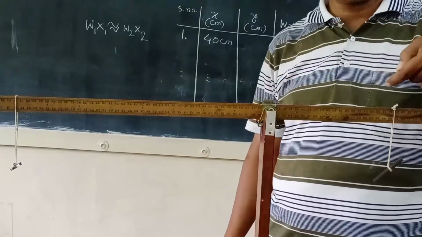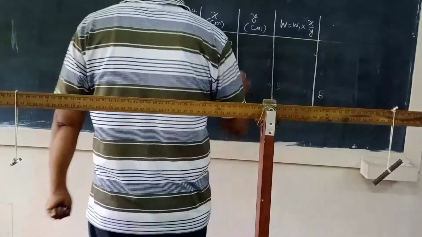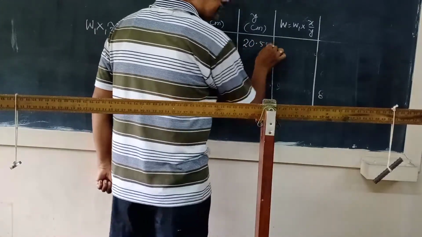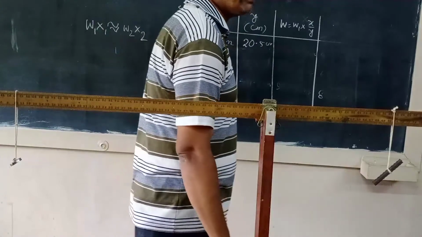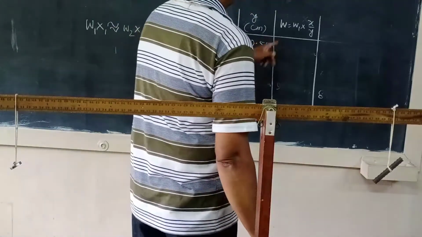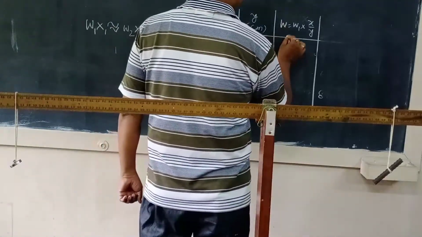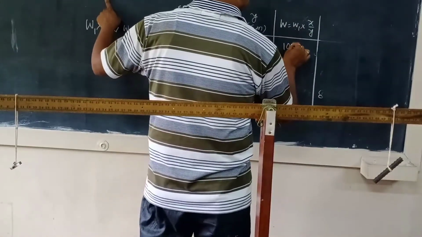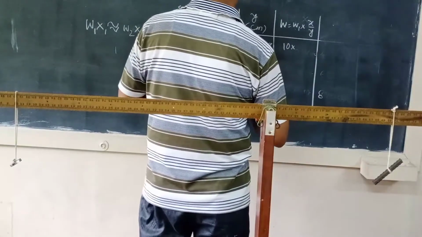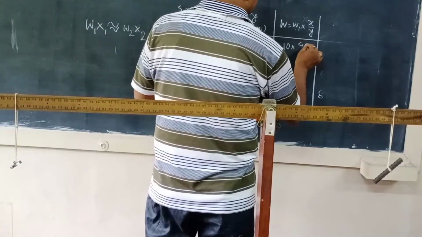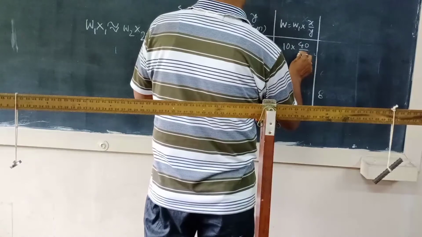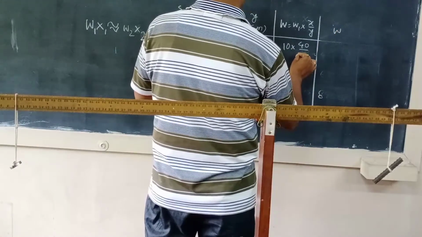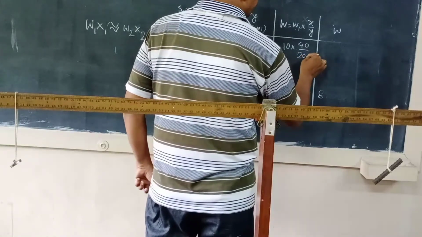20.5. From the fulcrum this reading is 20.5 centimeter. So W equals, how to calculate? It is W1, W1 is 10, into X, X is 40, by Y, Y is equal to 20.5.